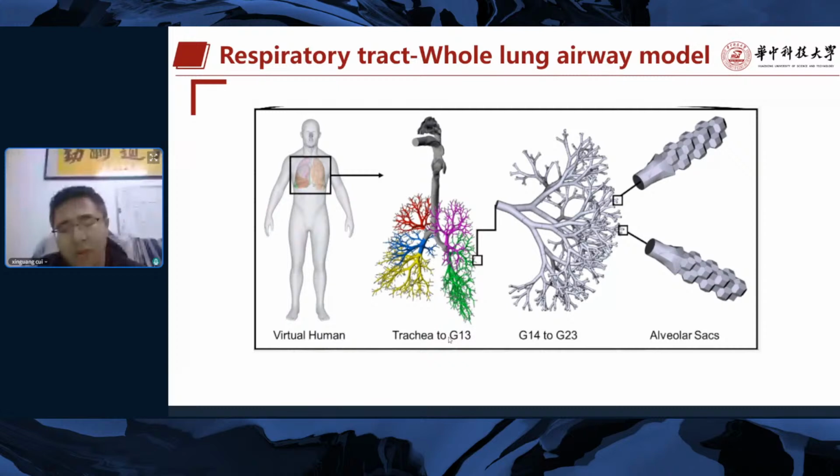We could use the 2-branch method, maybe up to the 13th generation, and from the 14th to the 23rd, we only develop some branches in each tube. But for the end of the airways in the alveolar regions, I think we will not use their method. I think their method is not so good.